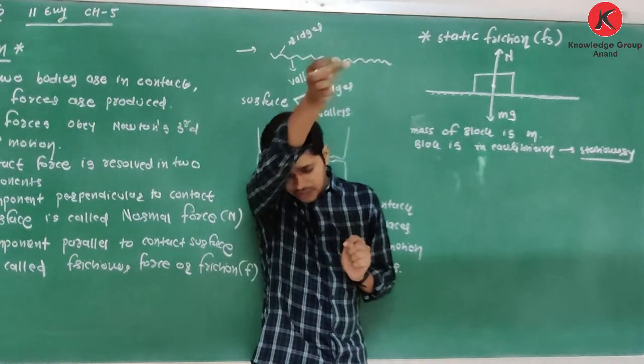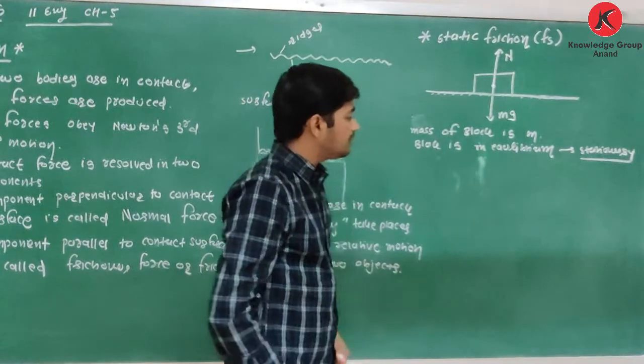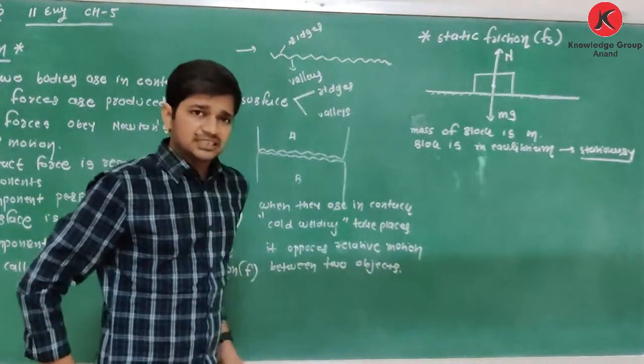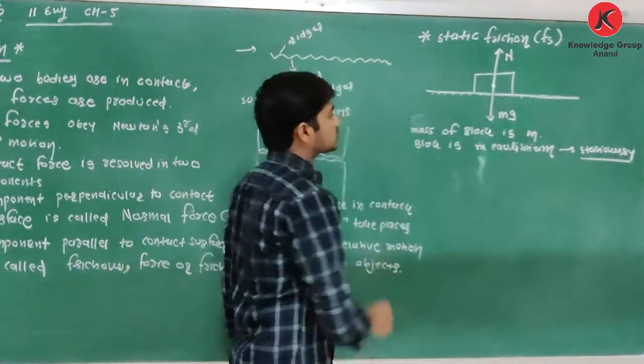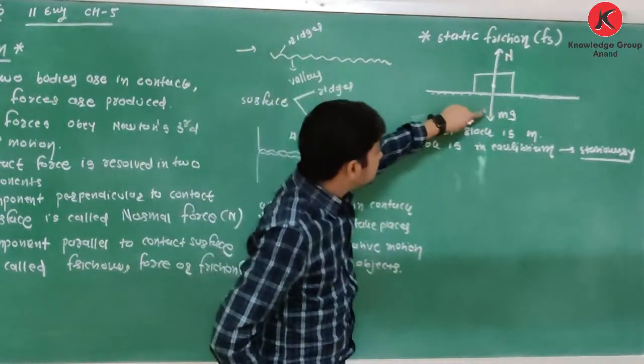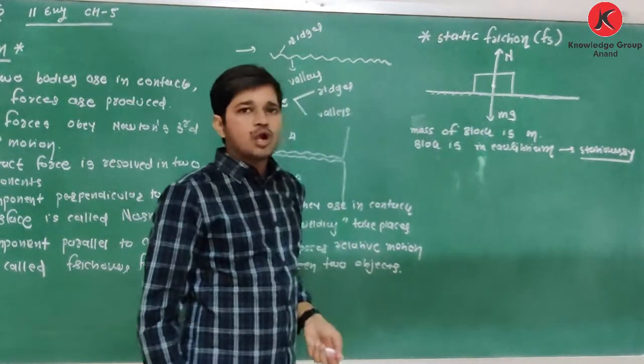Now equilibrium condition means sigma F is 0. What is the meaning of equilibrium? Equilibrium condition means sigma F equals 0. See here, this block is placed on the table. mg is acting in the vertically downward direction. N is acting in the upward direction.